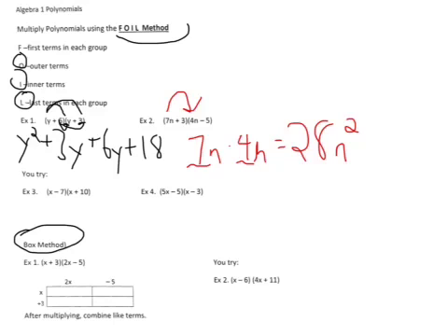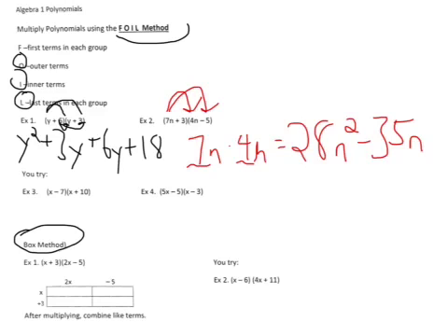Now this time I'm multiplying 7n times negative 5 because the negative stays with the 5, remember? So it's going to be 7 times 5, negative 7 times 5 is 35, and then n times a placeholder, which is nothing, so n times 1, n comes along with it.